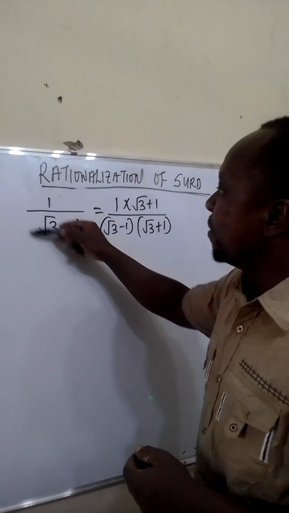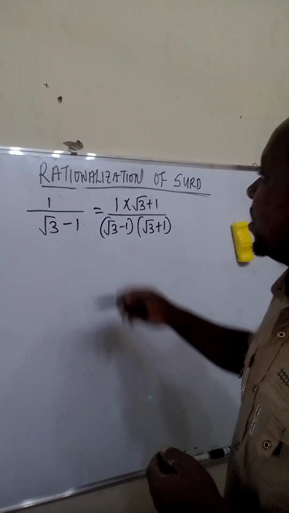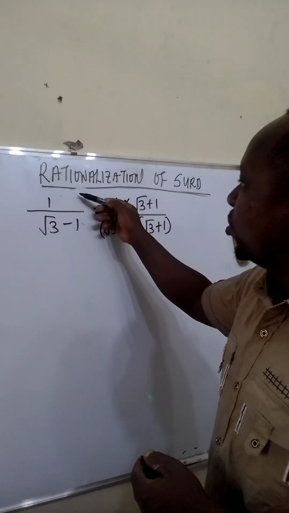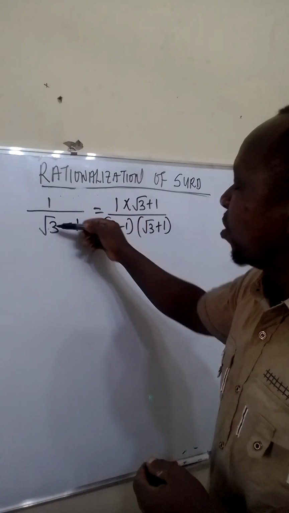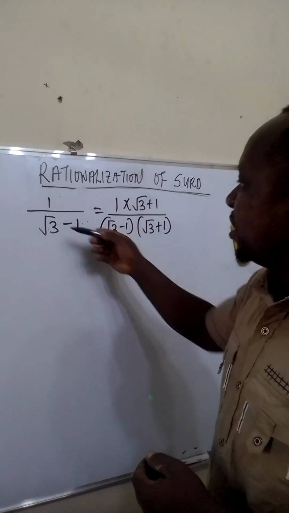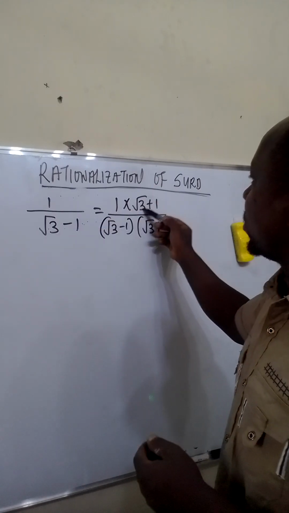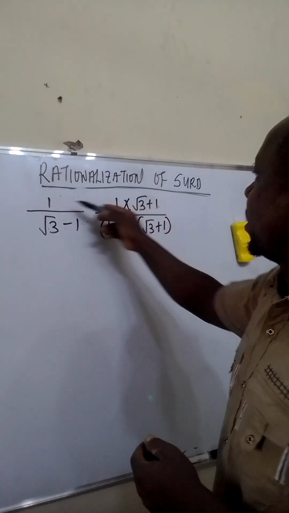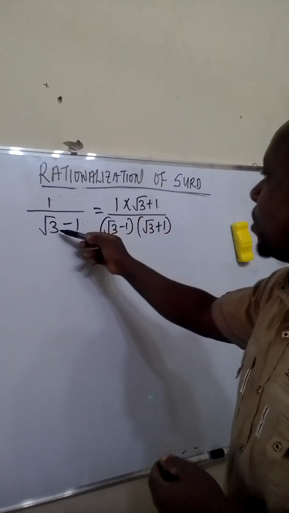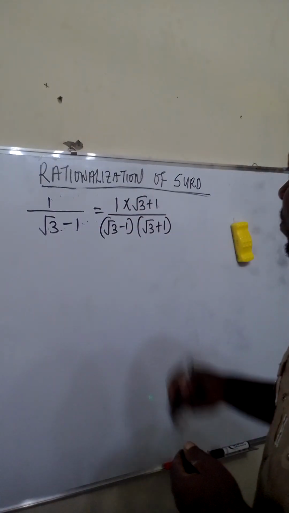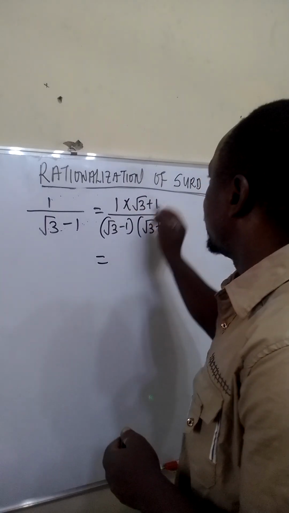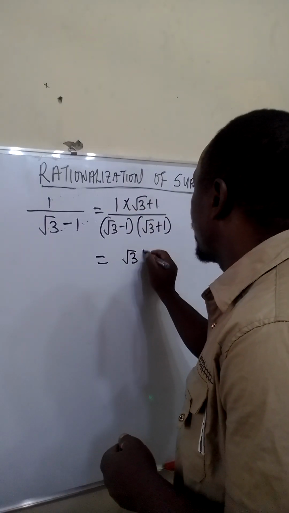If we are rationalizing a fraction like this, the best thing is to multiply both the numerator and the denominator by the conjugate of the denominator. And in this case, the conjugate of root 3 minus 1 is root 3 plus 1. We have multiplied 1 by root 3 plus 1. We have multiplied this by root 3 plus 1.